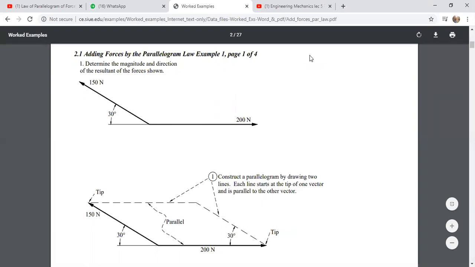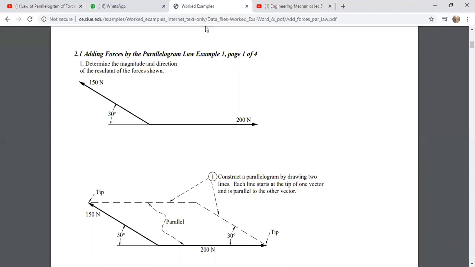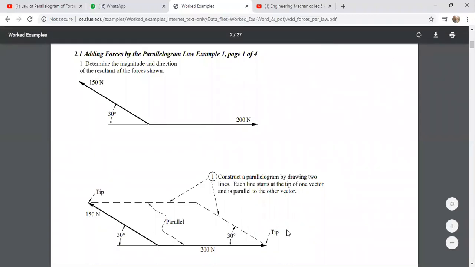For example, now see here, 20 newtons and 10 newtons. Determine the magnitude and direction of the resultant of these two forces.